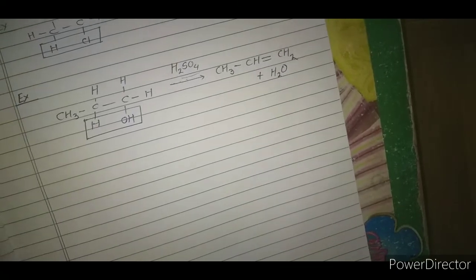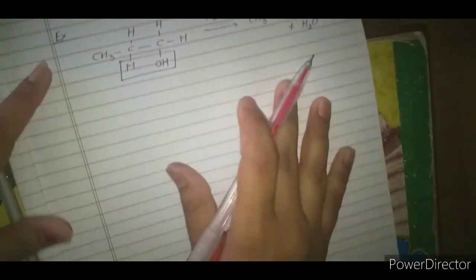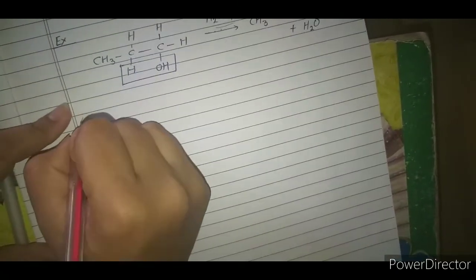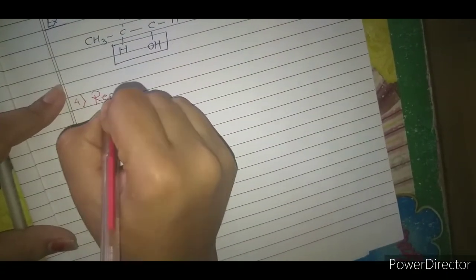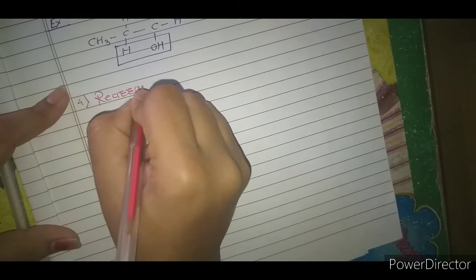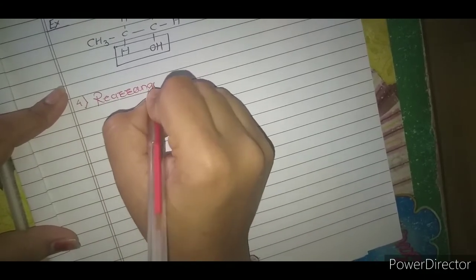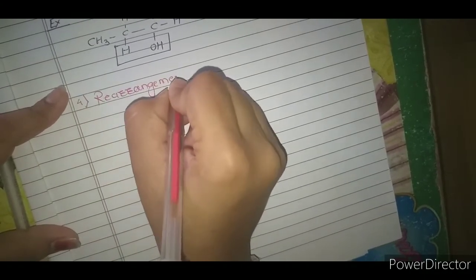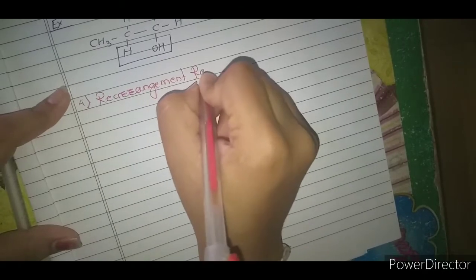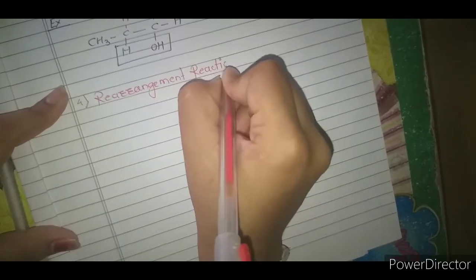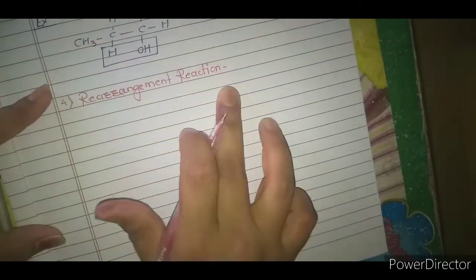Okay. Next, the fourth type of reaction is rearrangement reaction. In this reaction, what happened?